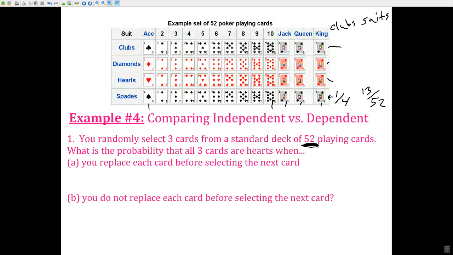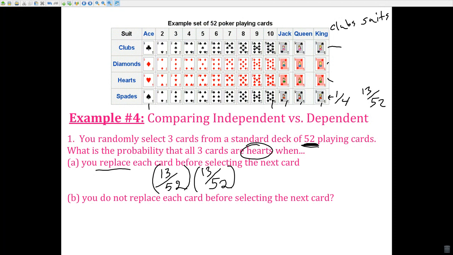What is the probability that all three cards are hearts when you replace each card before selecting the next card? Okay, so we're going to put it right back in the deck, with replacement. So you have a 13 of 52 chance that you draw a heart. You put it back in the deck, so it's 13 out of 52 again.